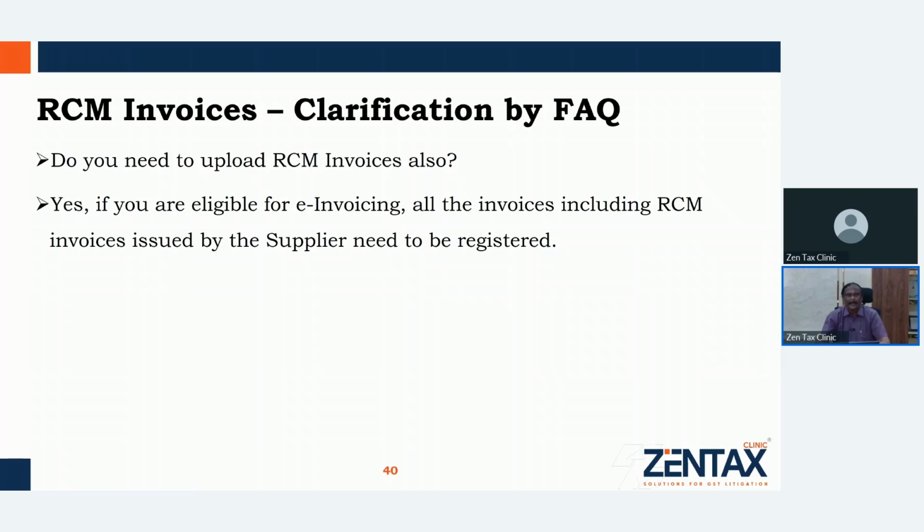They say, if you are eligible for e-invoicing, all the invoices, including RC invoices issued by the supplier, need to be registered. So for them also, the reverse charge invoices should be e-invoice only. This is a very, very important point that has to be taken note of as practical advice.